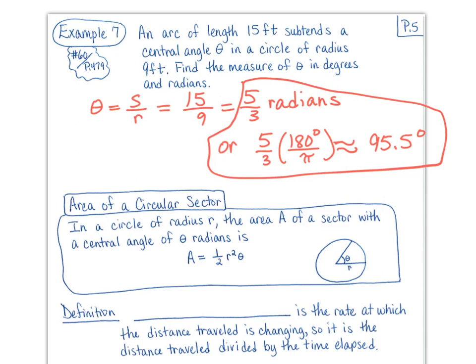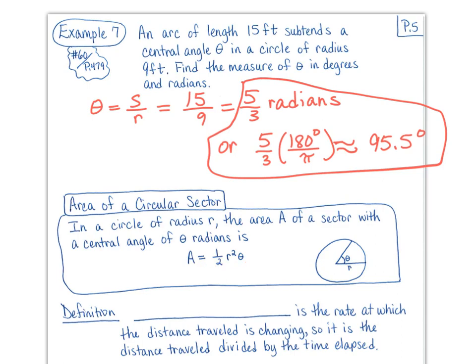Now, the area of a circular sector is given by the following formula. In a circle of radius r, the area A of a sector with a central angle of theta radians is A equals 1/2 r squared theta.